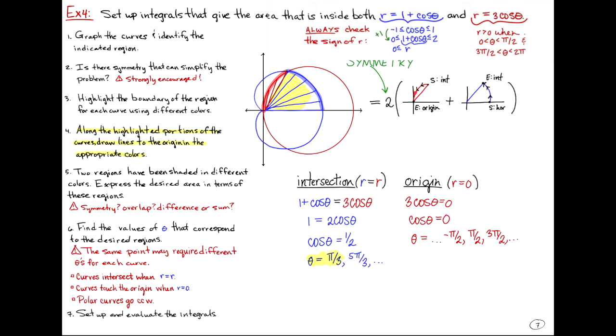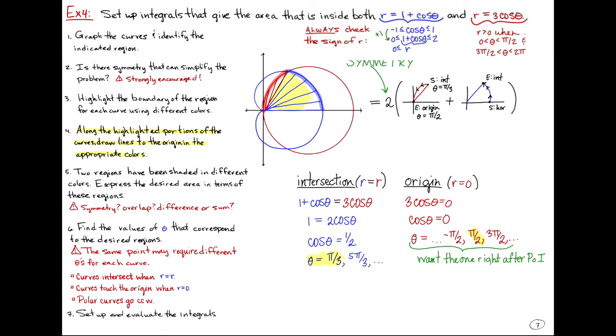But looking back at our sketch, we want the intersection point with the origin that occurs directly after pi over 3, which tells us that theta is equal to pi over 2. We can label those values on our sketch. Theta equal to pi over 3 is where our curve is starting and ending at theta equal to pi over 2.